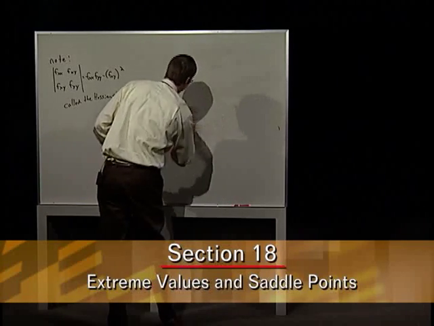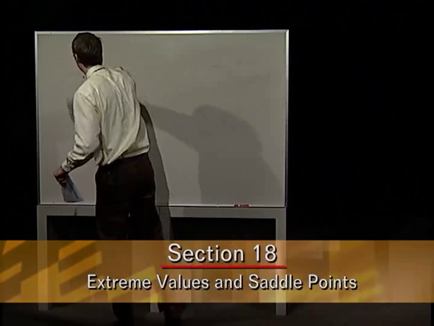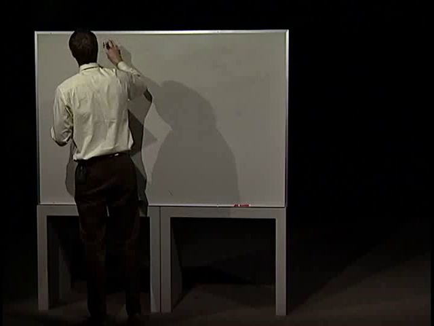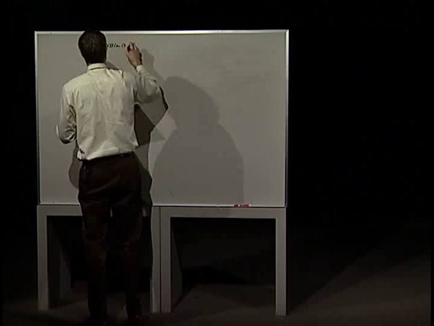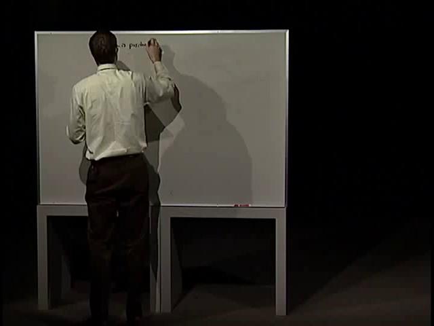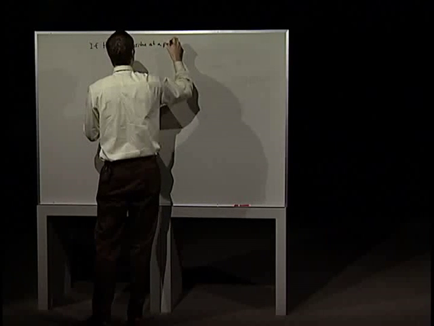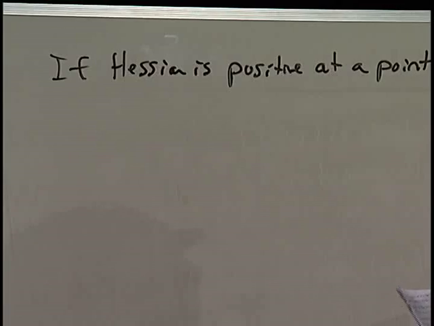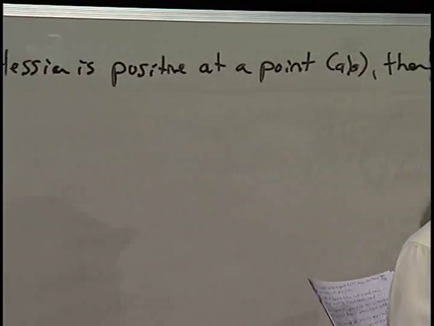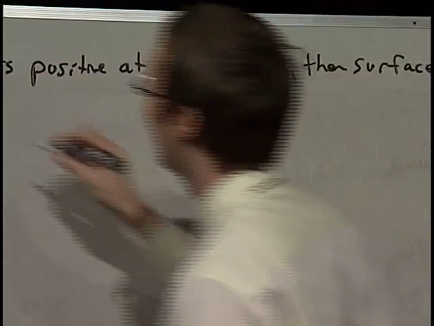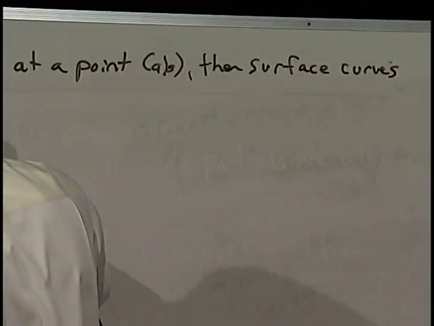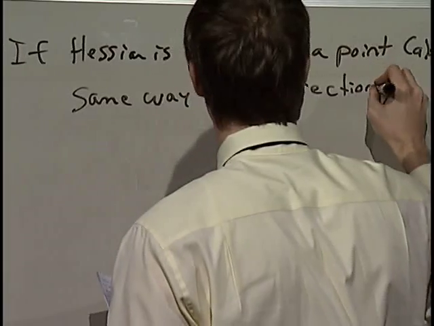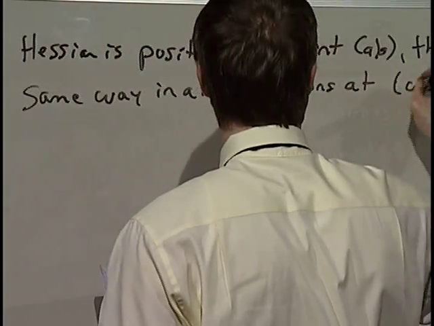Okay, so if the Hessian is positive at a point AB, then what does that mean? It means that the surface curves the same way in all directions at AB, right?